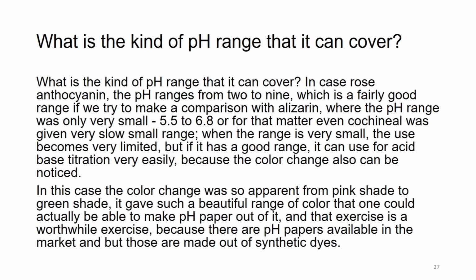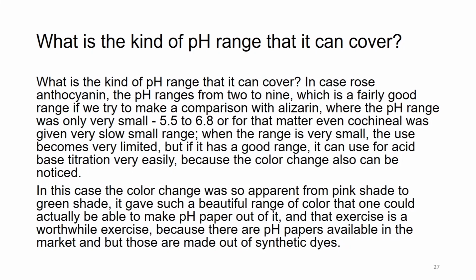In case of rose anthocyanin, the pH ranges from 2 to 9, which is a fairly good range if we compare it with alizarin, where the pH range was only very small, 5.5 to 6.8, or for that matter even cochineal, which was given a very small range.